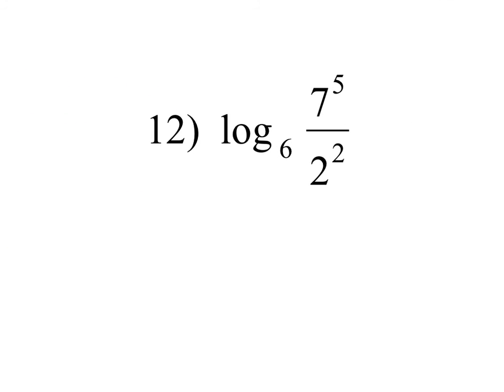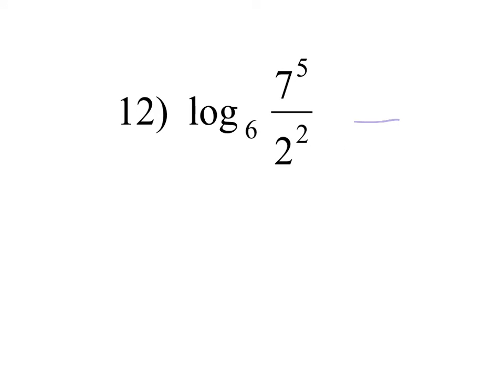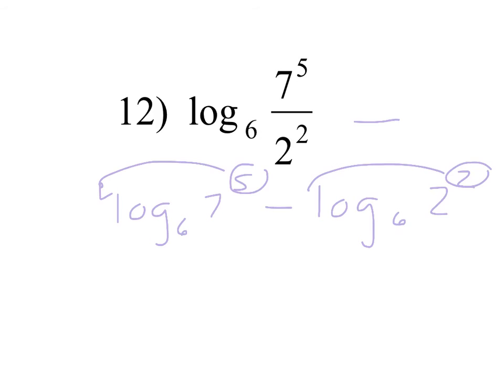All right, number 12. So we're dividing, that means we split them up and subtract. So we have log base 6 of 7 to the 5th power minus log base 6 of 2 squared, and then we just take our powers and move them to the front. So we have 5 log base 6 of 7 minus 2 log base 6 of 2.